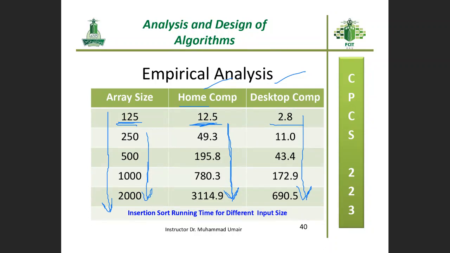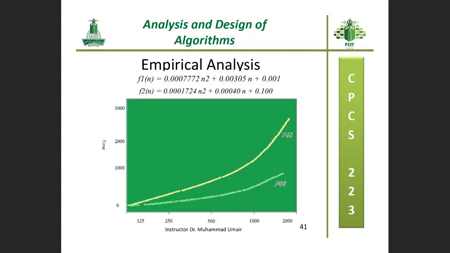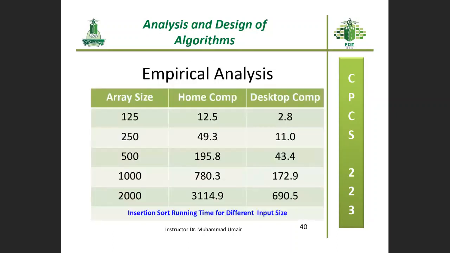We have to plot lines or a graph of the number of inputs against the running time it is taking. If you plot the graph of these values, you can observe that we find two totally different curves. They are produced from the values which I showed you on the previous slide.